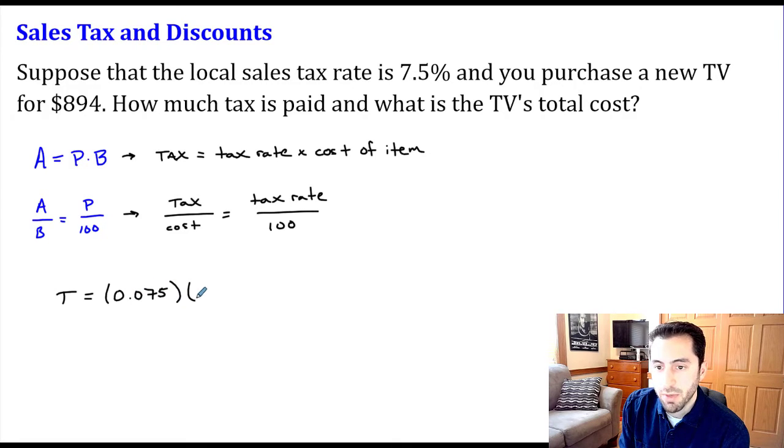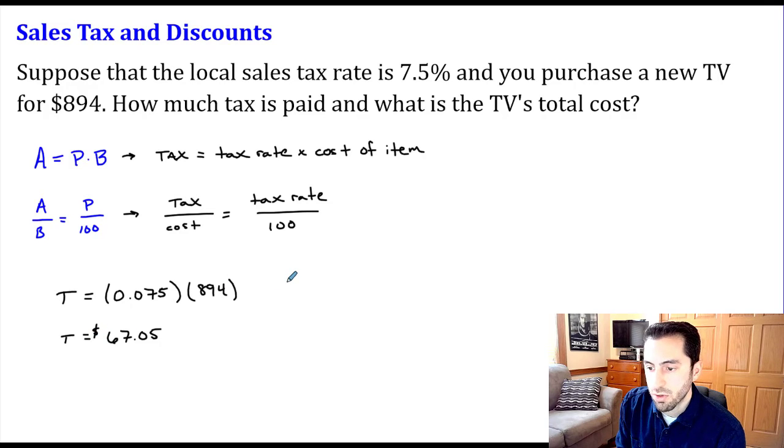Then we'll multiply that by the original cost of the item, which is $894. Doing this multiplication, we end up with our tax amount being $67.05. So that's the total amount of tax that's going to be added on to our original cost.